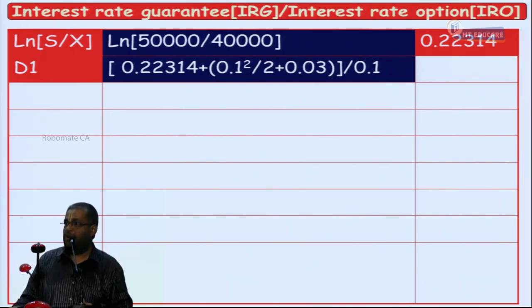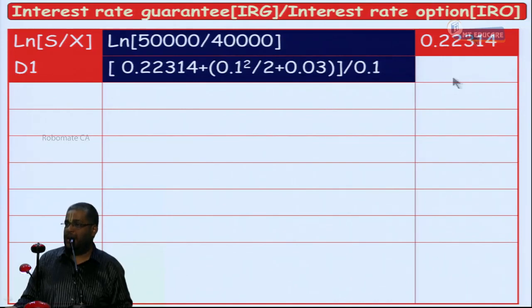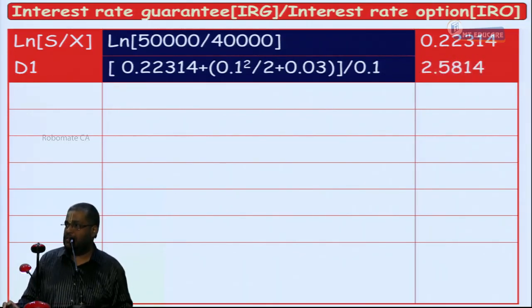So tell me, 0.22314 is ln of S by X. 0.1 square by 2 plus 0.03, with t as 1. Whole divided by sigma, 0.1, into square root of 1, which is 1. Tell me the number please. 2.5814.